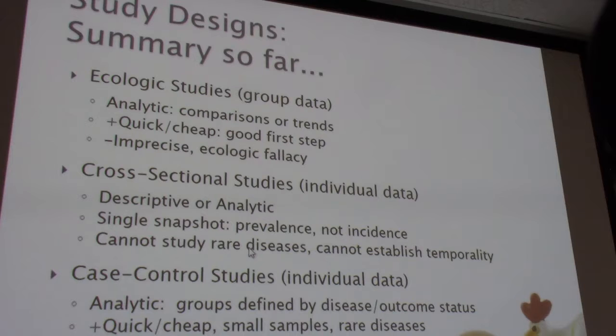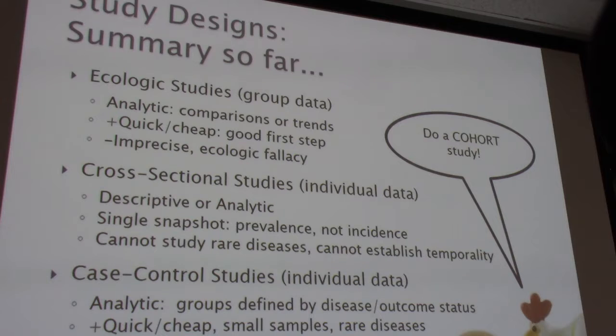You can't really use them to study rare diseases, and you definitely can't establish causality. Case control studies can be quick and cheap. You need smaller samples as compared to a big cross-sectional study. You could use them to look for rare diseases, but again, you can't address the temporality, and it's an indirect estimate of risk. So this is where you can do a cohort study to figure out our chicken and the egg.